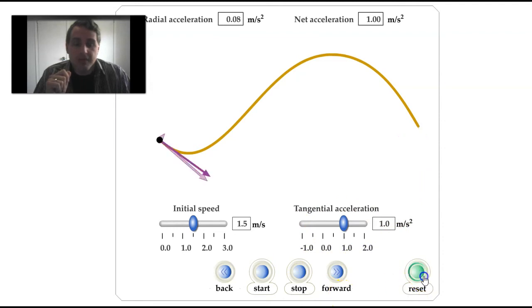Okay? And in fact, things get a little wild if you make the initial velocity 3 meters per second. Notice, as soon as we made the initial velocity 3 meters per second, instantly the centripetal, which is the radial acceleration, was larger. Notice this total acceleration is the vector sum of the centripetal and the tangential acceleration.